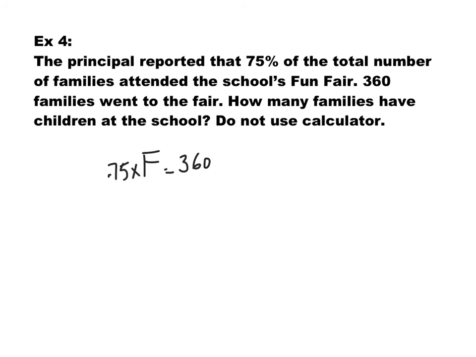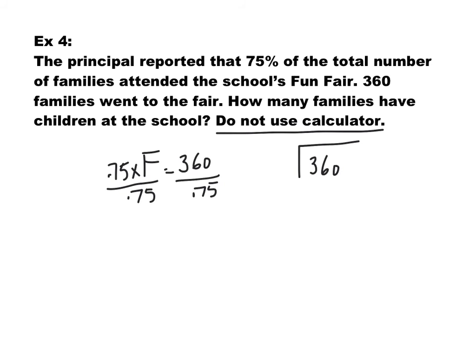Again, opposite of multiplication is division, so I divide by 0.75. Again, I cannot use calculator, so I'm going to do long division. 360 divided by 0.75. Again, I have to move this one 2 digits to the right, so I have to add a 0 here and then another 0 because 2 digits.